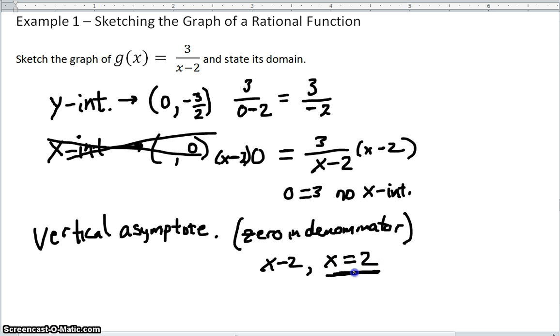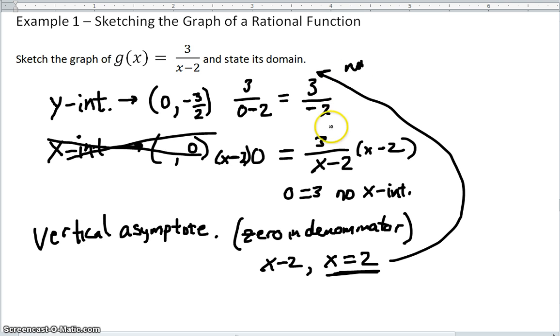So this is my vertical asymptote. And it's also important to know that wherever there's a vertical asymptote, this is going to be a point that's not in the domain. So this value, 2, is not going to be in the domain of this function.